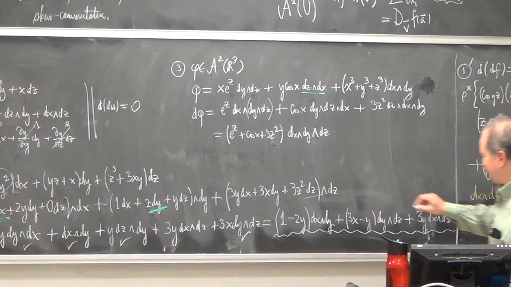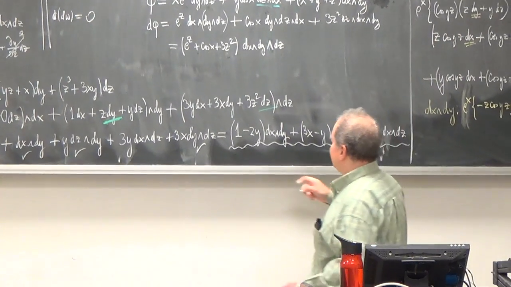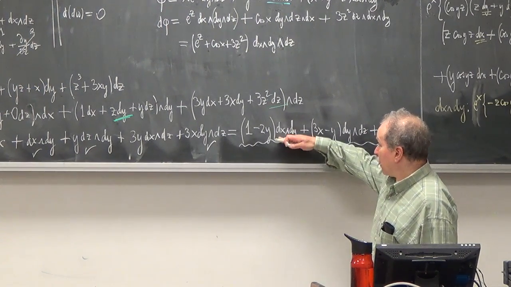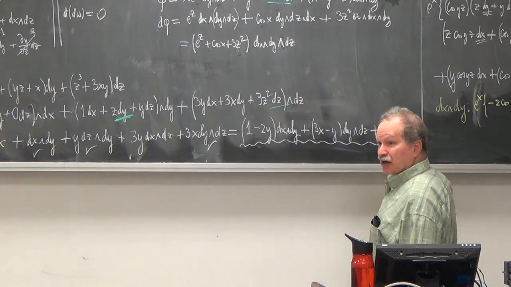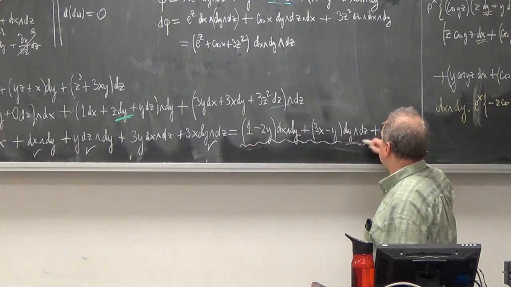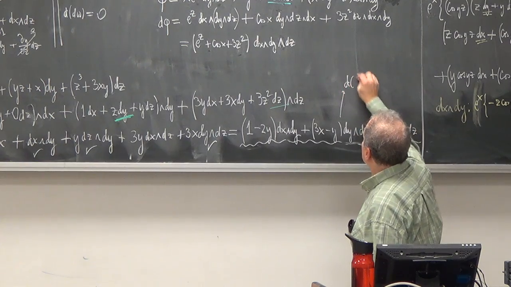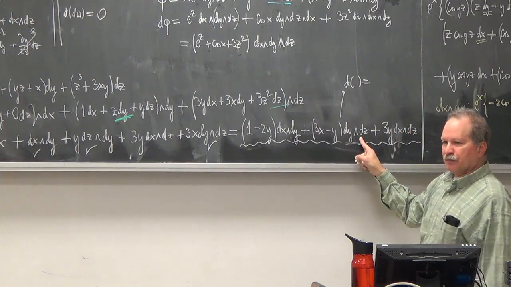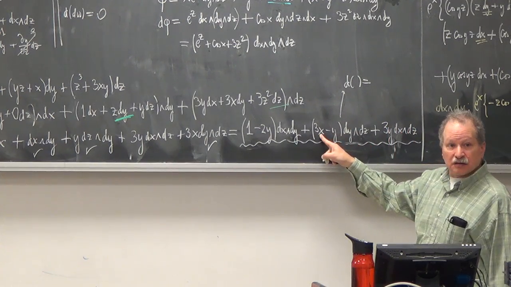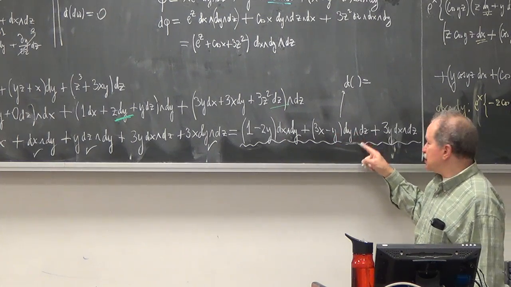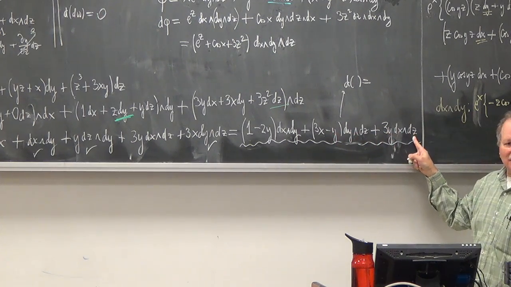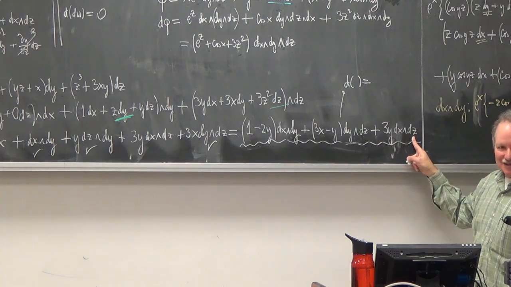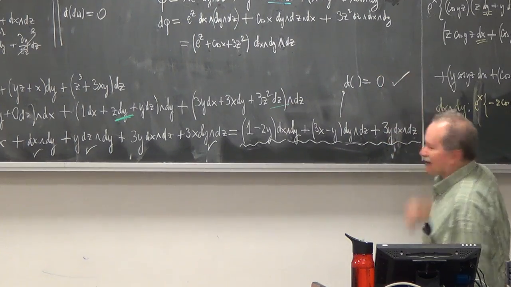Well, let's check. Here I've got a 2 form. If I take d of it, I should get a 3 form. The first one is 0. What do I get from this term? 3 dx wedge dy wedge dz. What do I get from this term? 3 dy wedge dx wedge dz, which is the negative of the first one, so you're going to get 0 again.